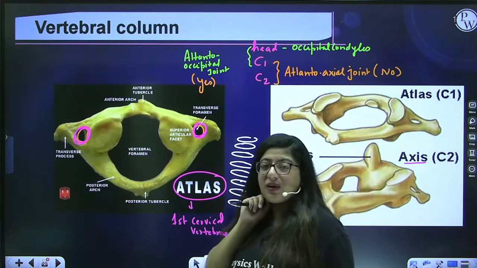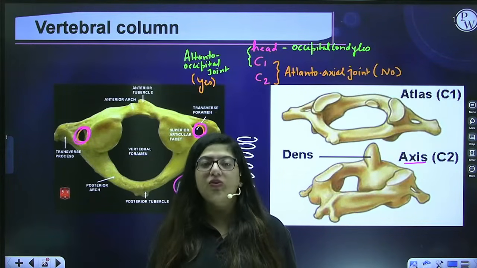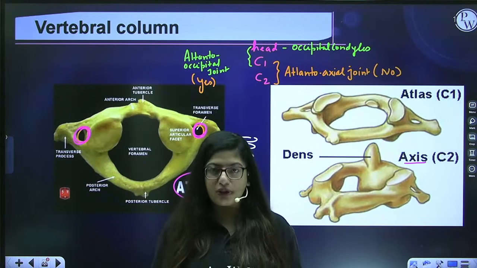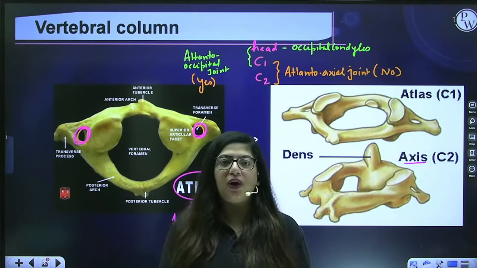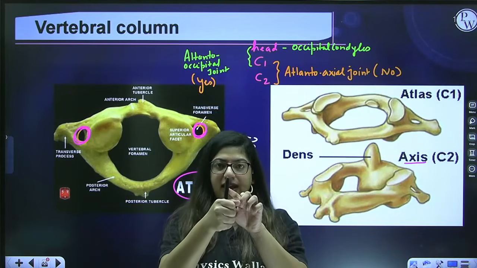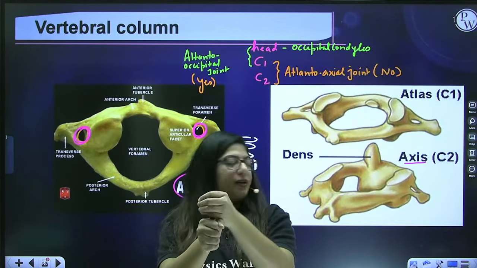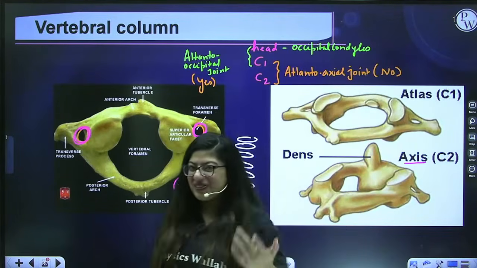So whenever I am saying yes, like this, at this point these two bones are articulated. They have formed the joint, and they help me to say yes. When I'm saying no, at this point, if this is axis with its dens and this is atlas, they are moving in this direction and help me to say no. So now you know how you say no and how you say yes.